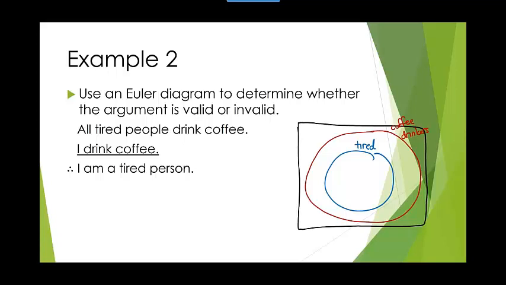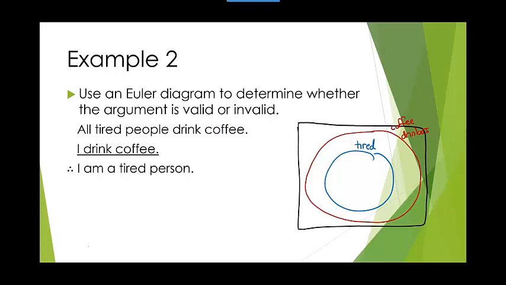And again, we're assuming these premises to be true. Now, the second sentence says, I drink coffee. And given that, we want to know, must it be true that I am a tired person? Now, on the previous problem, there was only one place that the dot could go.